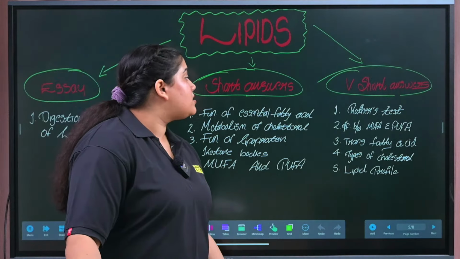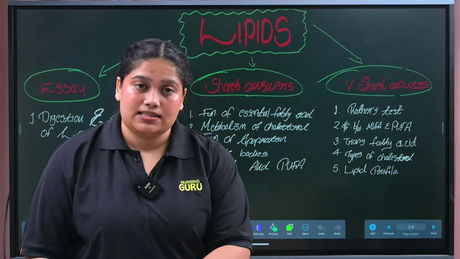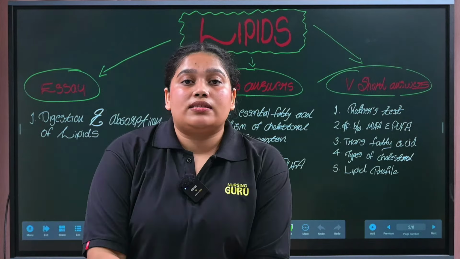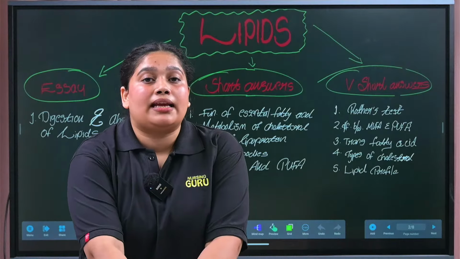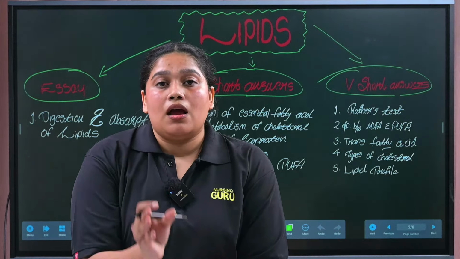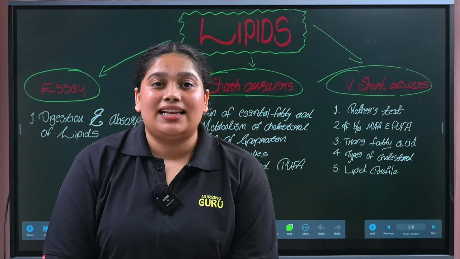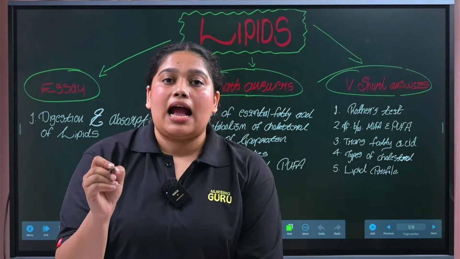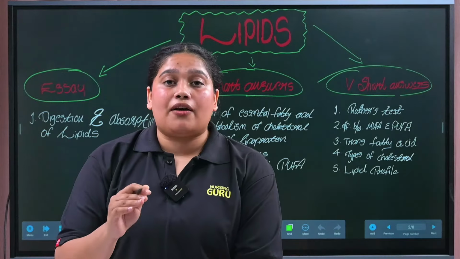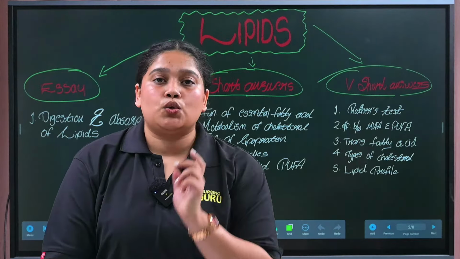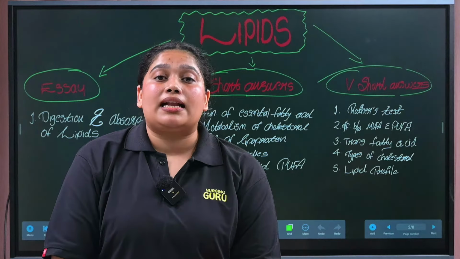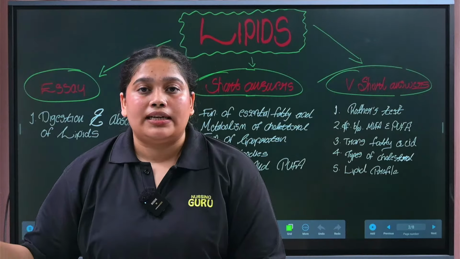First one is functions of essential fatty acids. If you get a question like functions, you have to explain at least 10 points of function. Either you can answer with a single word for each of the 10 points, then elaborate with 2 sentences, or you can answer with 2 sentences for each of the 10 points.